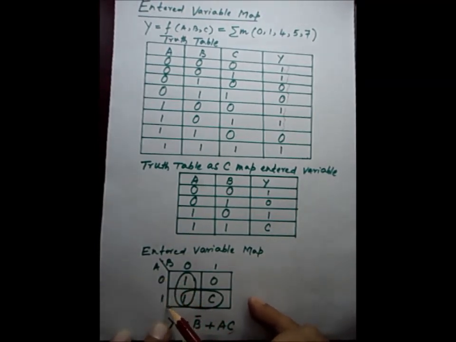A and A bar get eliminated, and this is B bar, and here it is A and B bar, and B gets eliminated but multiplied by C. Therefore, we got the final expression by the entered variable map, which is the minimized form of what is given in the problem. The 3 variable problem is the minimized form.